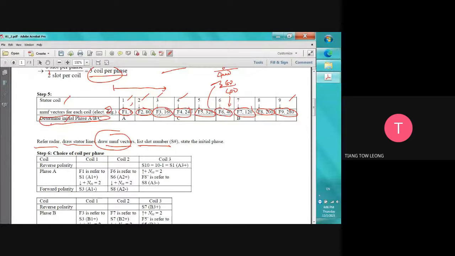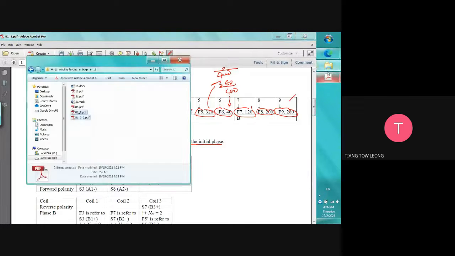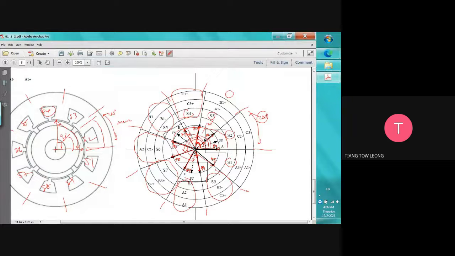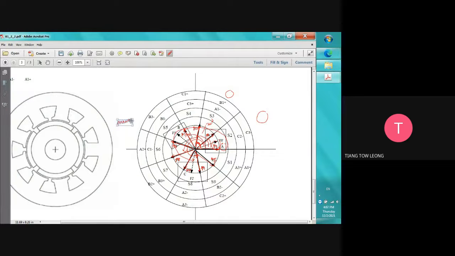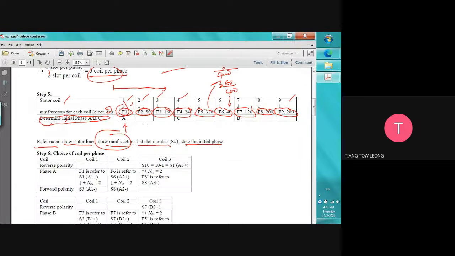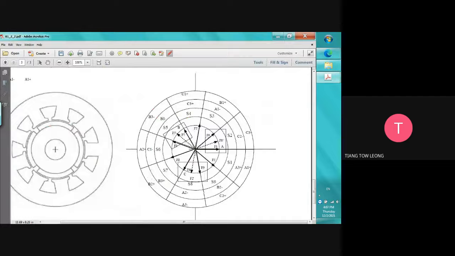Next, we need to state the initial phase. So have a look, A must have F1. Later on, let me delete everything first. Quite messy. Okay, so this is state initial phase.